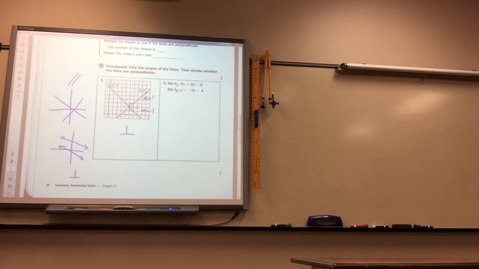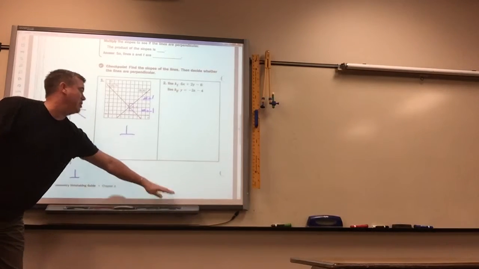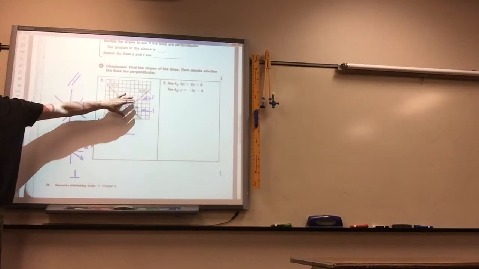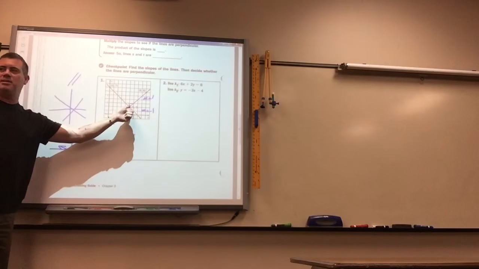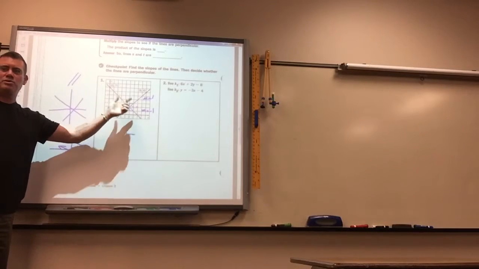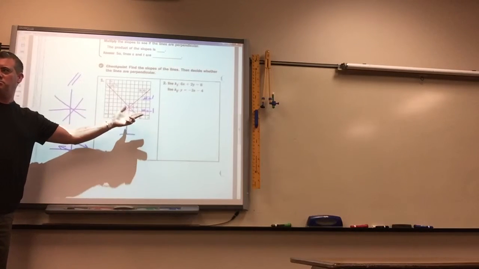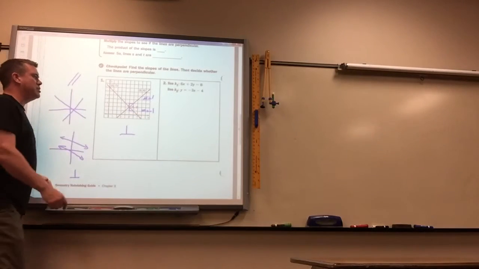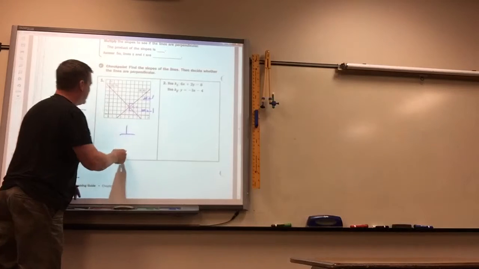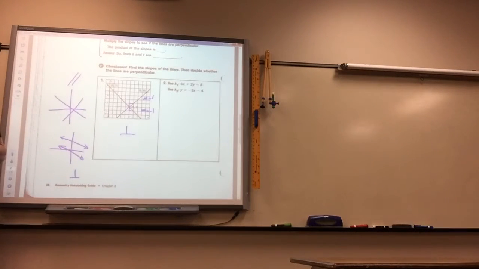Why is that? I don't know why, I've never been able to figure it out. On your test, you're going to have pictures like this. Figure it out. You have to say whether or not the two lines are parallel, which obviously these aren't, or perpendicular, which they might be, or neither. Now, like I said, every year on this test, there's always someone that sees a picture like this and they'll say that they're parallel. So hopefully your class is the first one that won't mess that up.